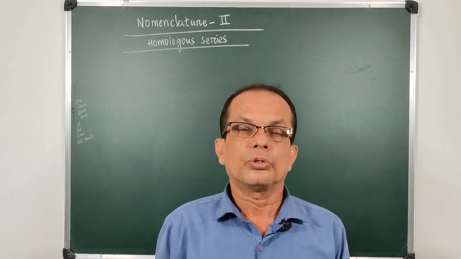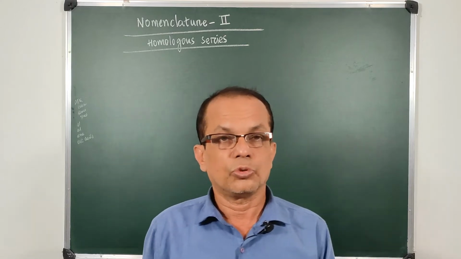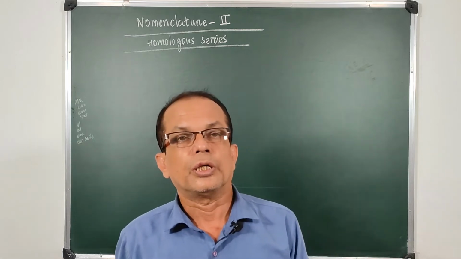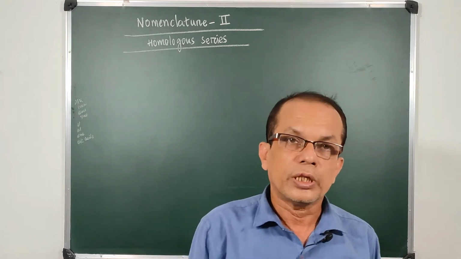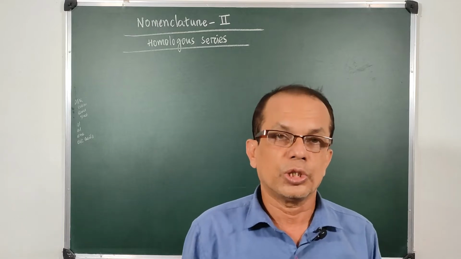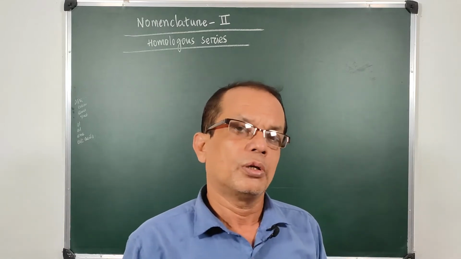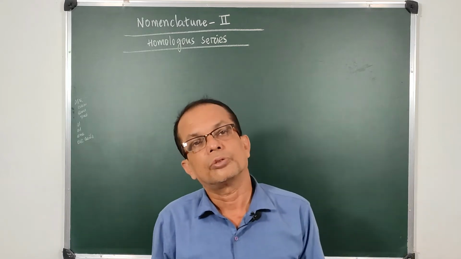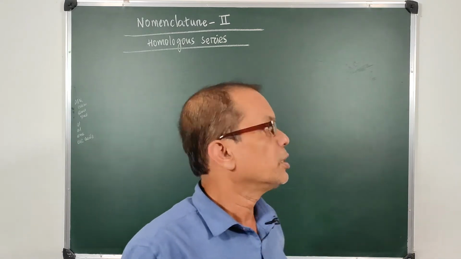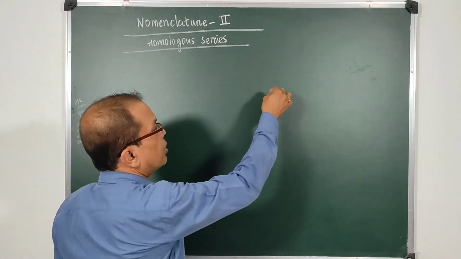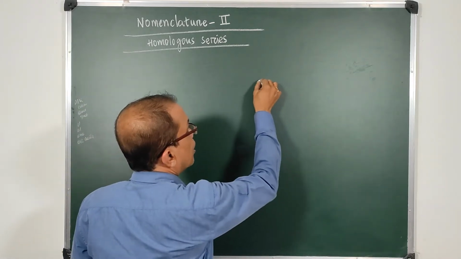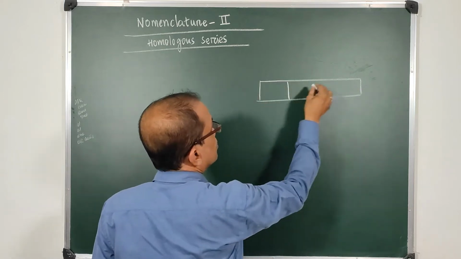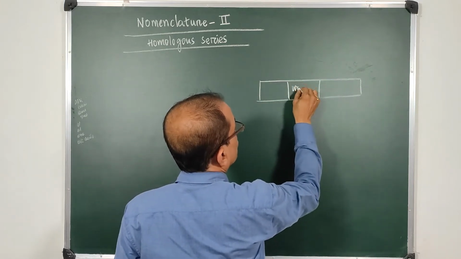Today we are going to go for the nomenclature part 2, and in this section we are going to describe in details the homologous series. First of all, let us discuss the nomenclature that we discussed in the earlier class. Every carbon compound, every organic compound has three parts as we discussed, the middle being the word root.